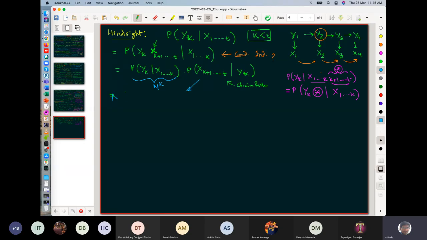This part I will compute, which is basically the probability of xk plus 1 to t given yk, which is computing the marginals over yk plus 1, the probability of yk plus 1 comma xk plus 1 to t given yk. This is by marginals.